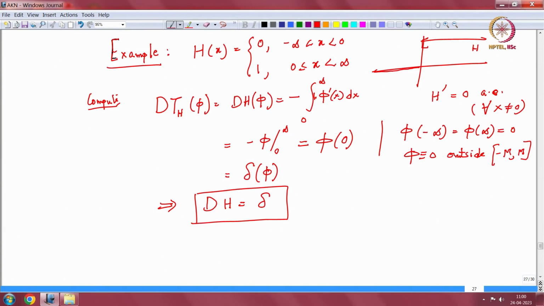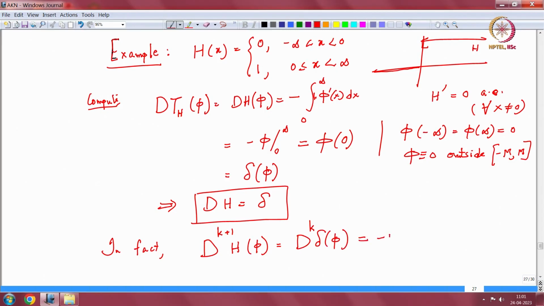Okay. So, in fact, you can do more about it. You can keep on computing this one. You can compute the k-th derivative of the Dirac delta, and this is d to the power k of delta evaluated at phi, and you can do this as a small exercise.